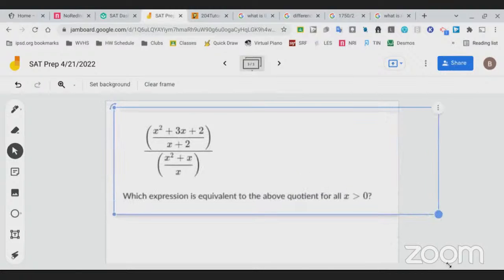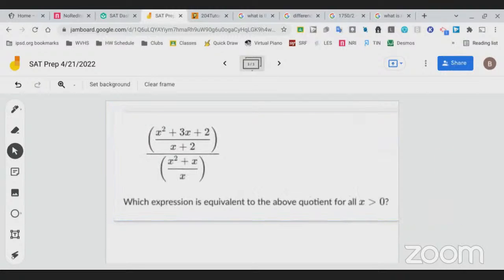So this is like an algebra 2 trig or a pre-calc question with rational expressions where it wanted you to cancel. So what you need to do for this one is we're going to take this thing and factor it. So that's x plus 2 and x plus 1 all over x plus 2.